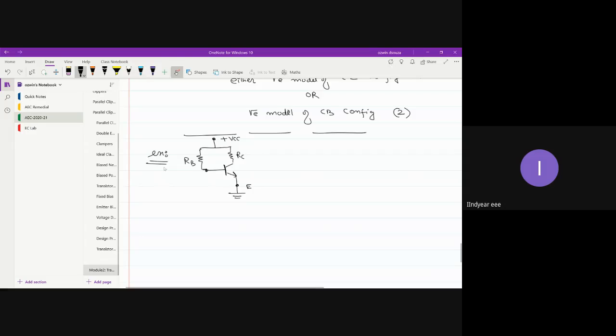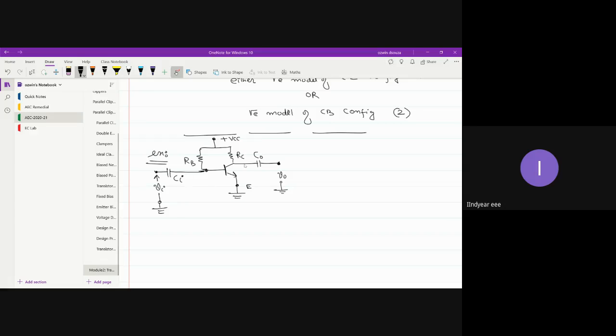Let us also connect the capacitors, because from module 2 onwards we will be talking about AC circuit analysis. You will have two capacitors, one on the input side and one on the output side. Capacitors block DC. This is how you observe your output from the capacitor to ground, and this is where you feed your input to one terminal of the capacitor, and the other is maintained at ground potential.